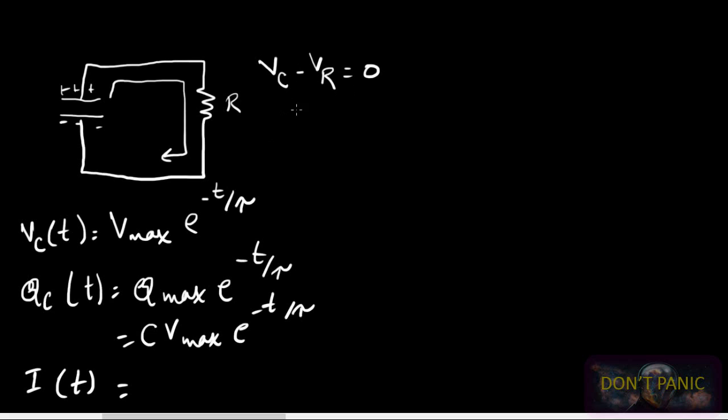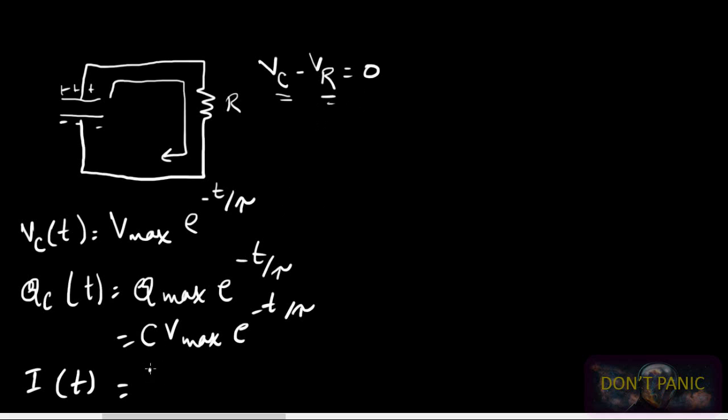So the voltage across the resistor is the voltage across the capacitor. If the voltage across the capacitor is decreasing, then it's also decreasing across the resistor. And because of that, the current is also going to decrease because current is V divided by R. Current is directly proportional to the voltage across the resistor.